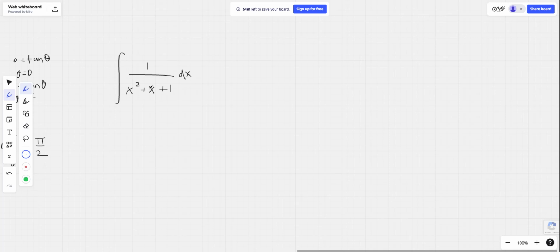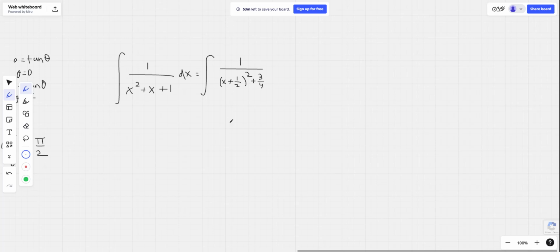Now, we can't factor this quadratic on the denominator at all. In fact, it doesn't even have any real roots, but what we can do is try to complete the square. 1 over x plus 1/2 squared, and then plus 3/4.